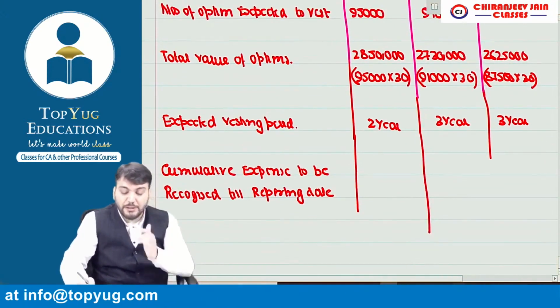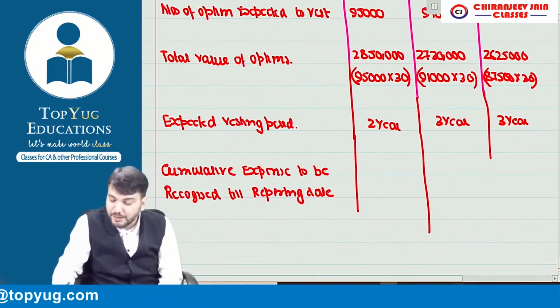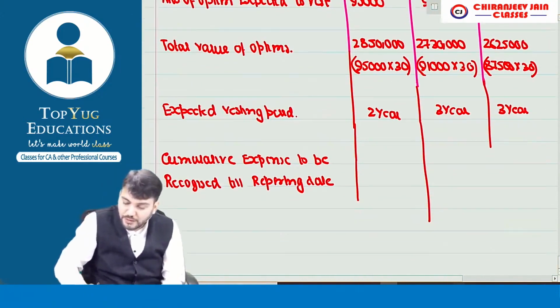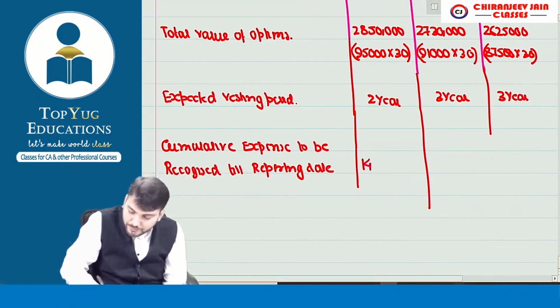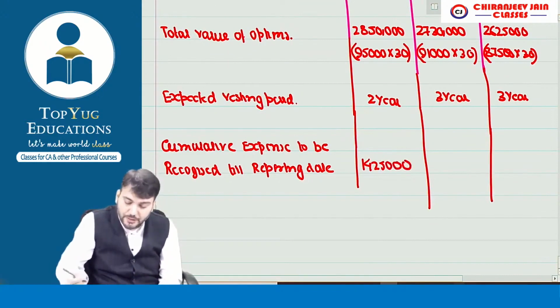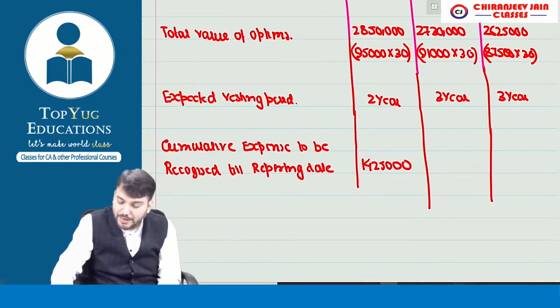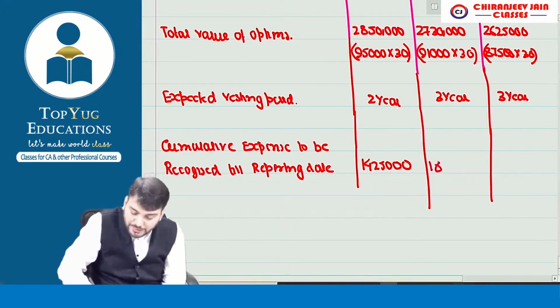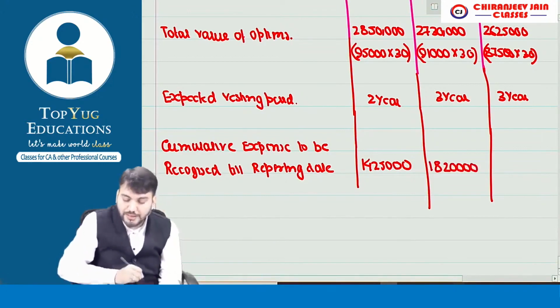So first year it will be 28 lakh 50,000 divided by 2, which is equal to 14 lakh 25,000. Then for second year we will do 2 by 3. So 27 lakh 30,000 into 2 by 3 is equal to 18 lakh 20,000.